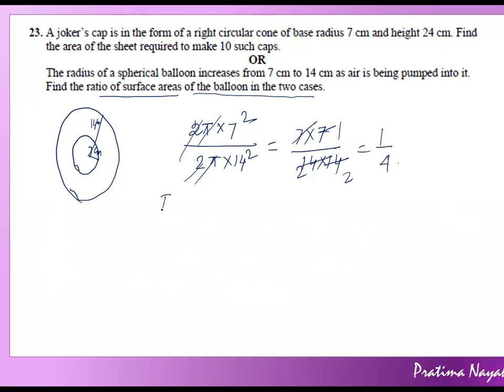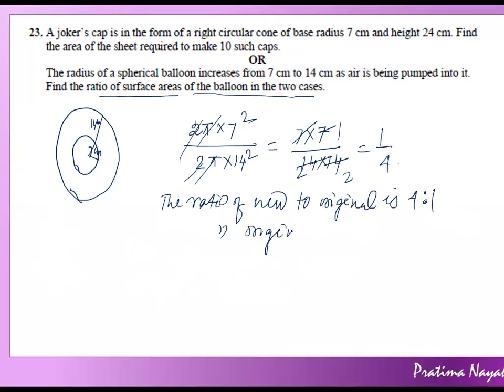So the ratio of new to original is 4:1, and the ratio of original to new is 1:4. The first one you write first, the second one you write second.